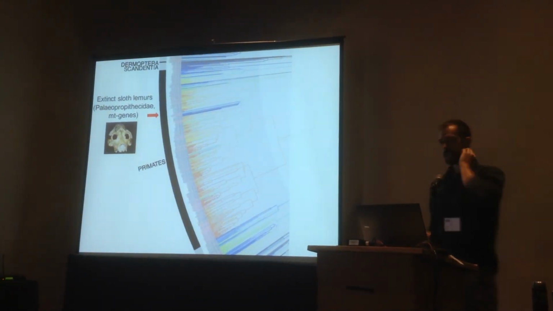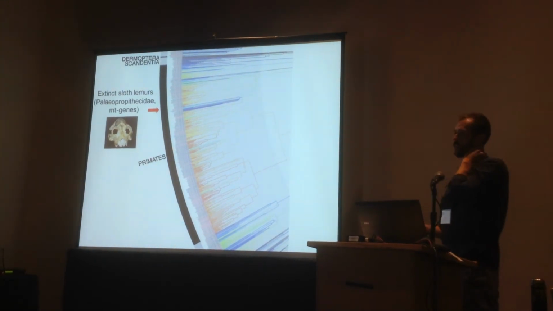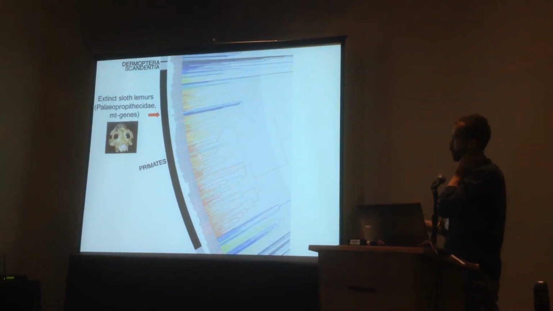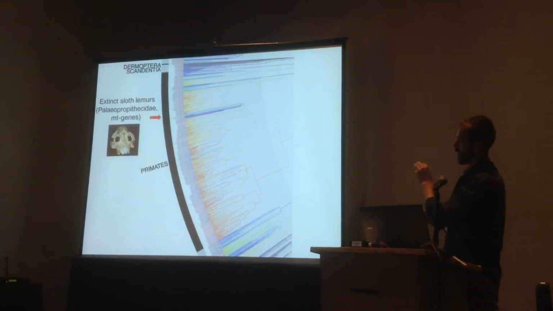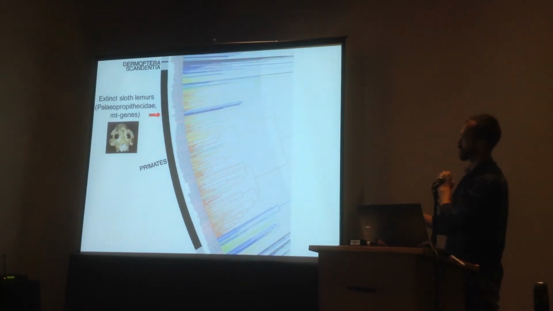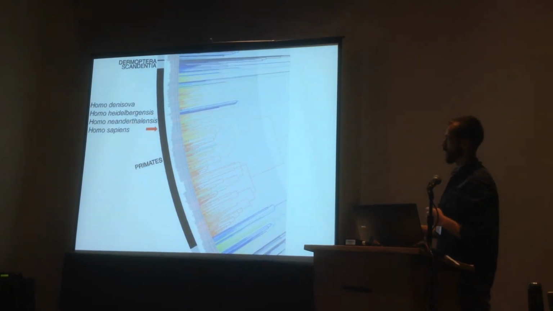If we zoom in, it's pretty interesting to look at in a little more detail throughout this. Primates here, so high rates of diversification, except for this extinct sloth lemur lineage, which is pretty interesting. We were able to add this based on a few mitochondrial genes that were on GenBank.